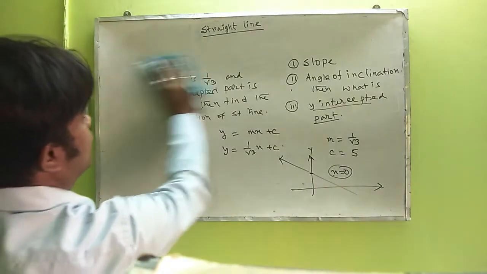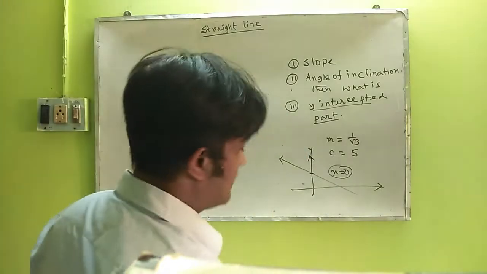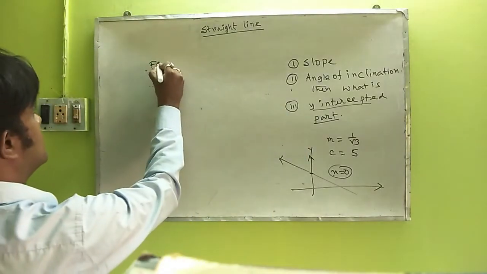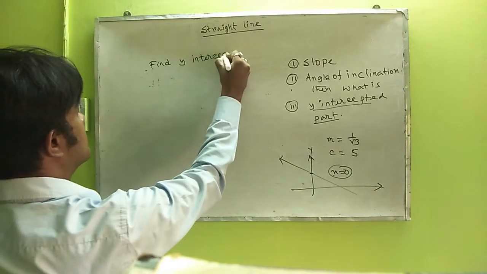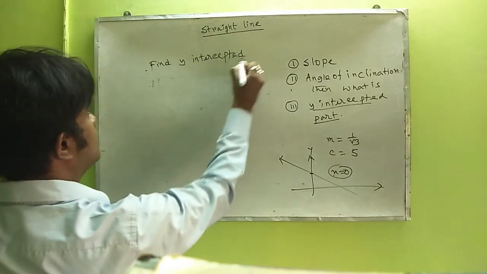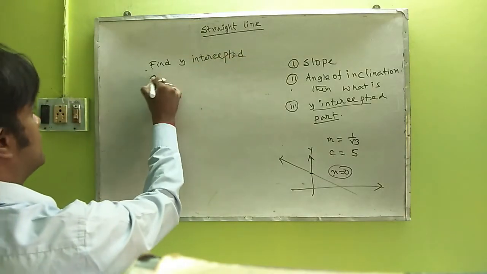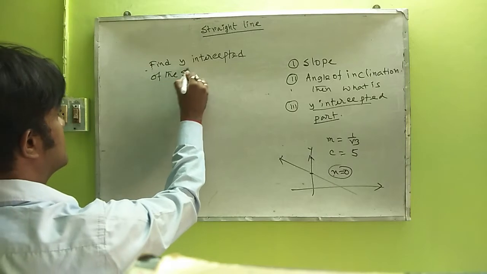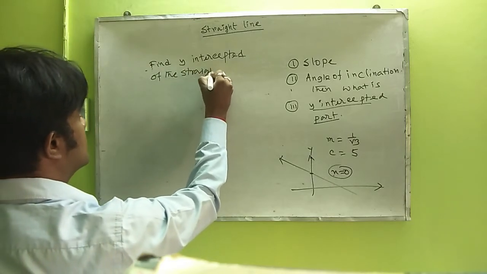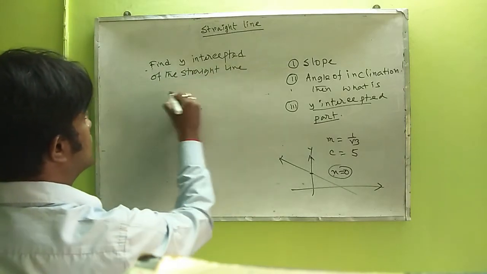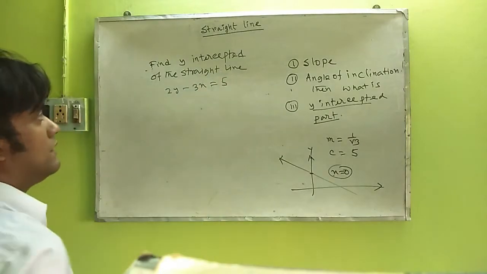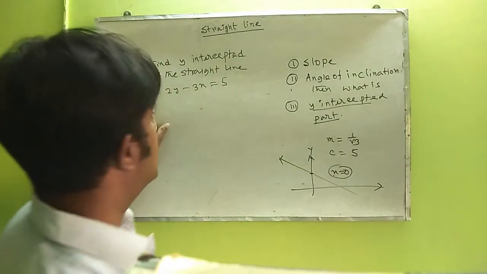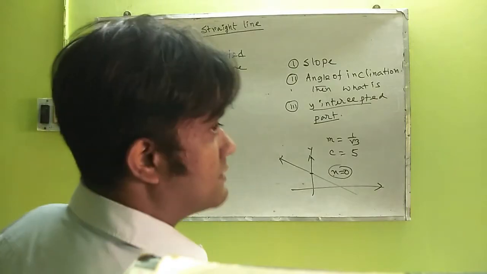So if the question is like that, find y intercepted part of the straight line 2y minus 3x is equal to 5.